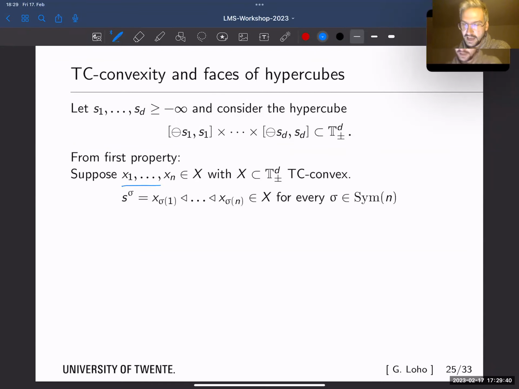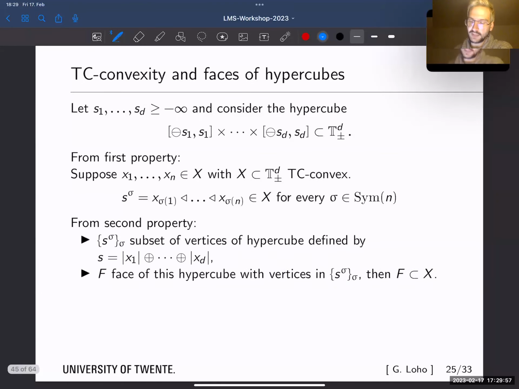So if we have some points in our convex set, then we have to first go via all the permutations of these points, as I said, because this left sum is not commutative. And then, while all these points only differ essentially in their sign pattern, that's why we get vertices of such a hypercube here.